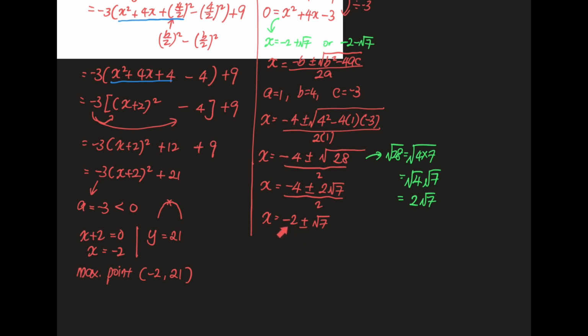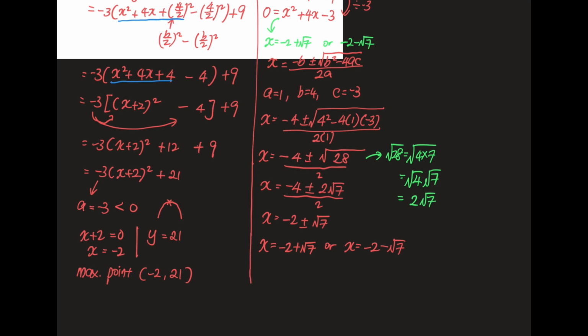Square root 7 remains. And we have to separate these into two answers. As you can see here, we have plus and minus, so we have to separate these in this way. Okay, so let's write it down. X equal to minus 2 plus square root 7. X equal to minus 2 minus square root 7.